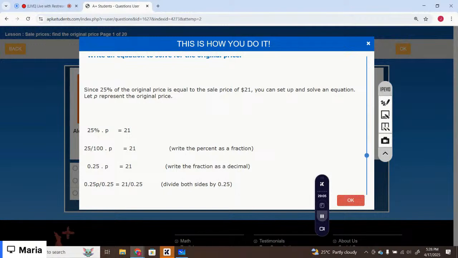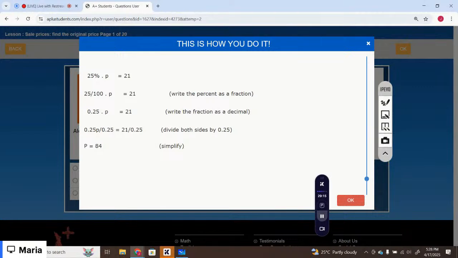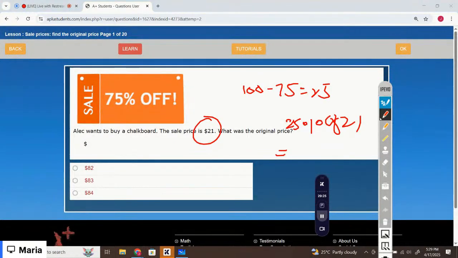Basically, 25% times P equals 21. Basically, you have to calculate 25% of x equals 21.